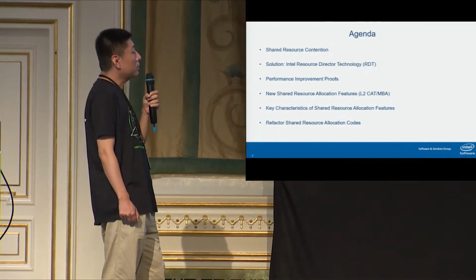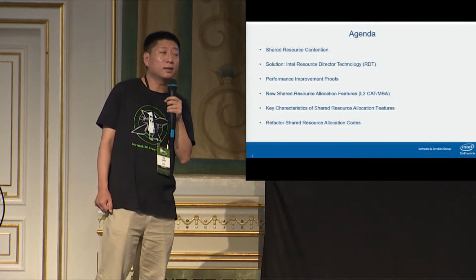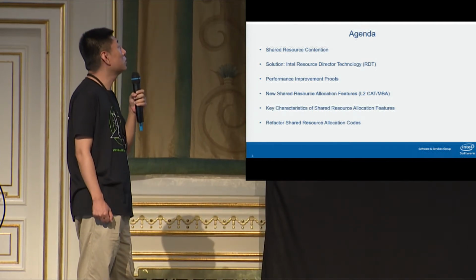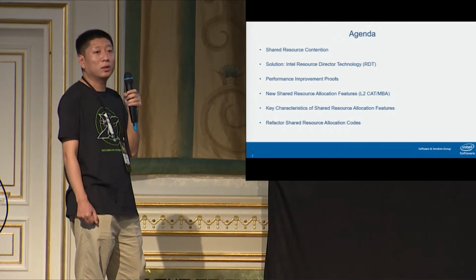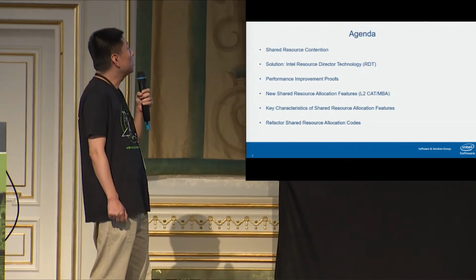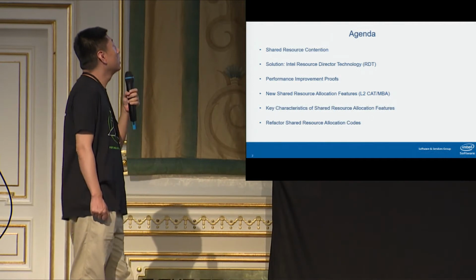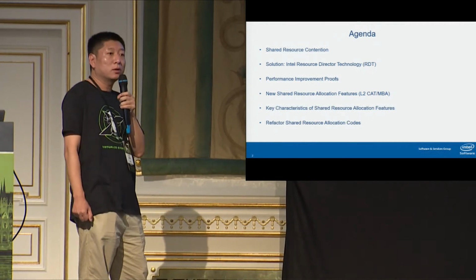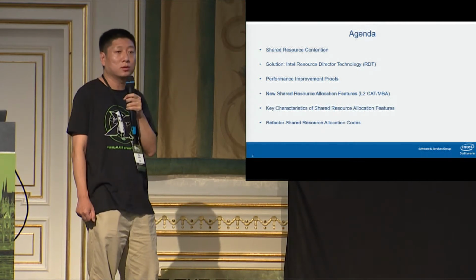Next, I'd like to introduce some new Intel RDT features, which are L2 cache allocation technology and memory bandwidth allocation. Last is a brief overview of the Xen refactor based on the key characteristics of the shared resource allocation features.